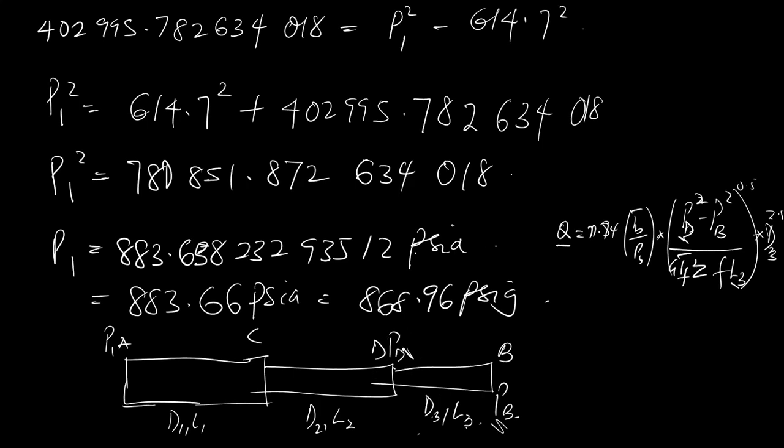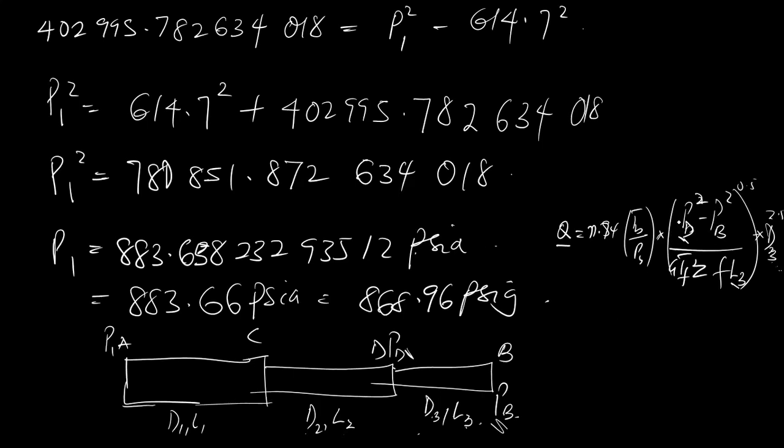Having calculated this PD, you do the same here. You use the same formula, but now the length will be L2 and D3 will be changed to D2, and here will now be PD. Now we are calculating PC.